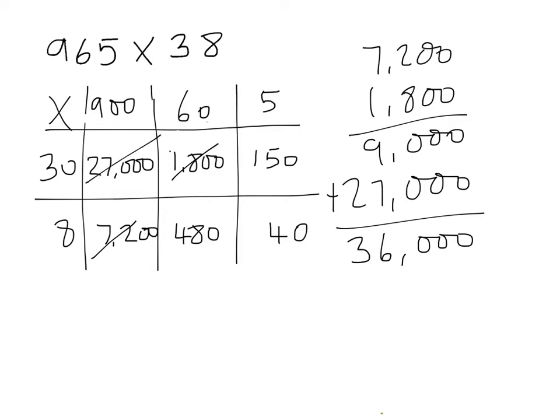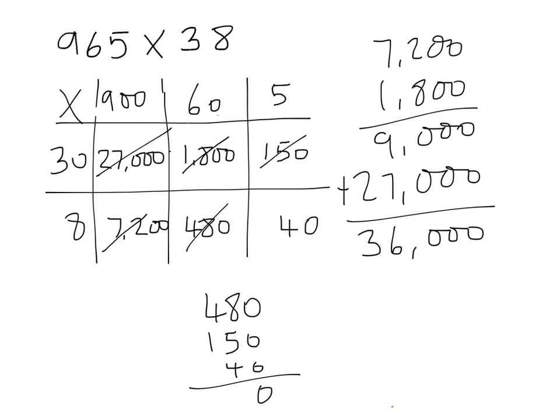What I can then do is add together the 480, the 150 and the 40. No units. 80, 50 and 40 gives me 170. So I can place 70 there, and I can place the 100 here, and that will give me 670 if I add all those hundreds up. I add the 670 to the 36,000, and that gives me a nice final total of 36,670.